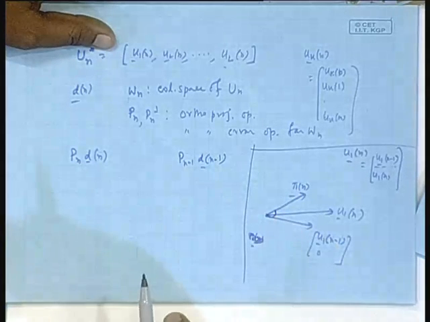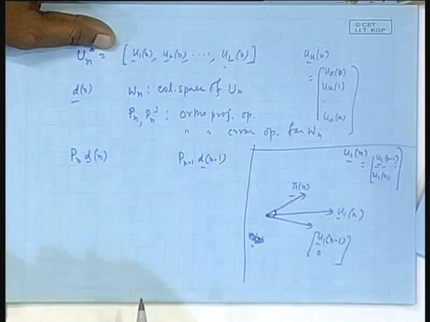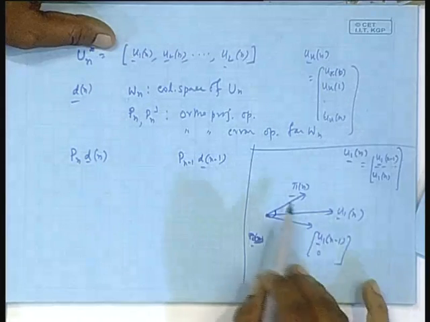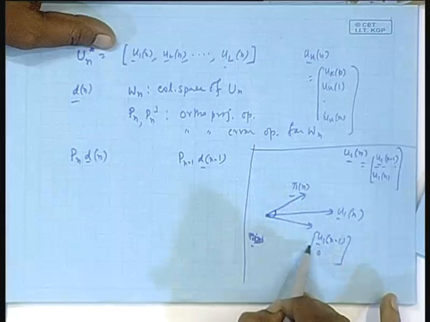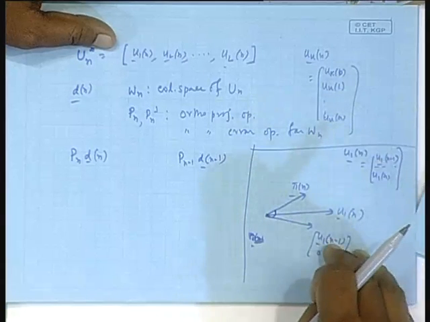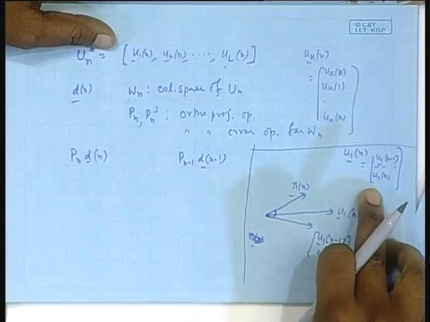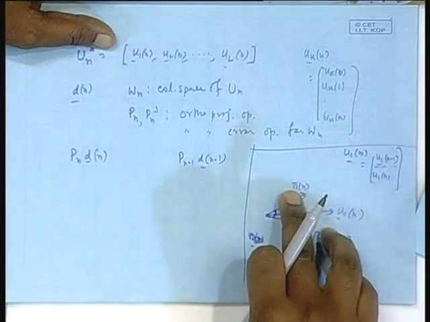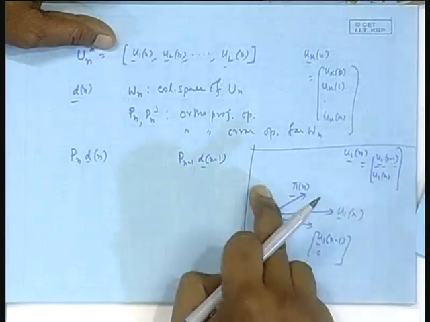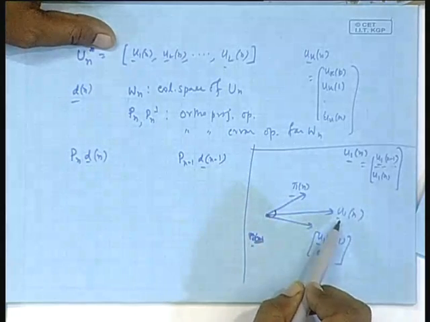You can see one thing: u 1 n is simply a linear combination of these two. This part is common, the last entry is the scalar u 1 n, and here the last entry is 1. So if I take this and multiply by the last scalar, add, I will get this.